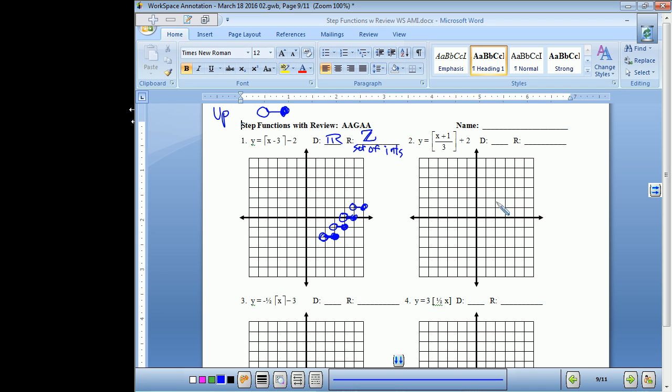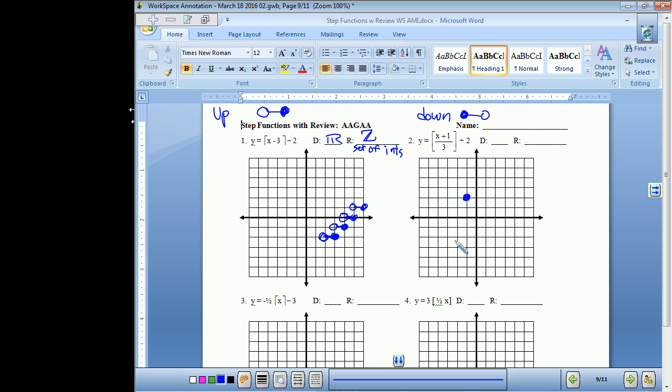But, all right. Now, is this rounding up or rounding down? Down. So down, we start with the closed, and we go right to the open. Up, we go left to the open. Okay, so where does that first closed dot start? Negative 1, 2. Closed.